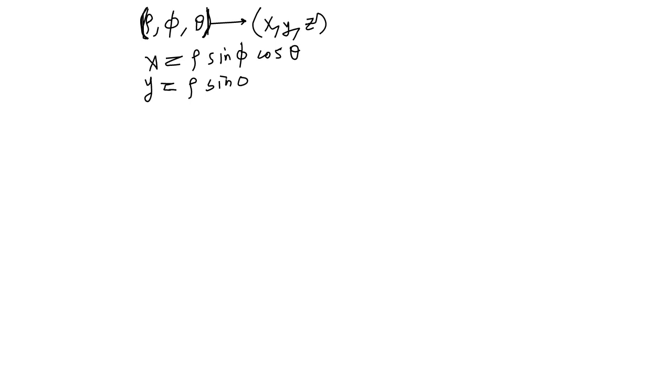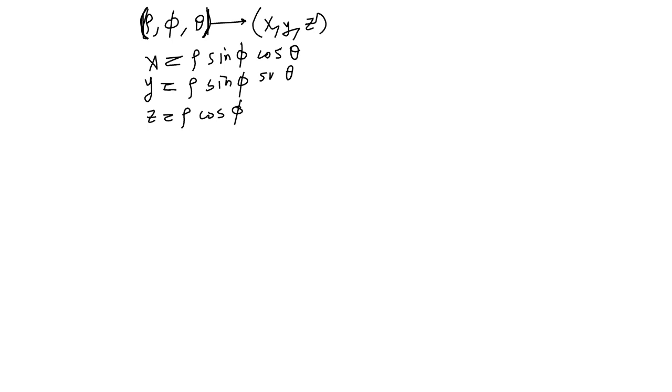If you want to convert it to x, y, and z, rectangular, x is rho sine phi cosine theta. y is rho sine phi sine theta. And finally, z is rho cosine phi.